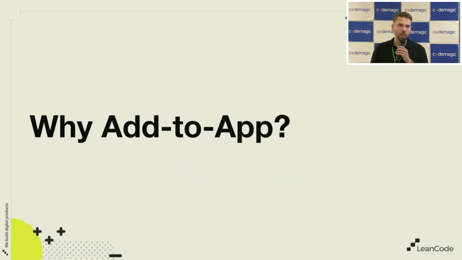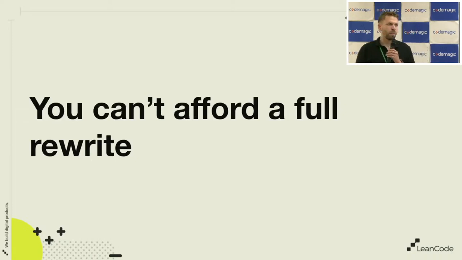So why do we want to do Add to App? What are the possible scenarios? First, the most obvious one is we cannot afford a full rewrite of the app. That would take too much time and cost too much money.